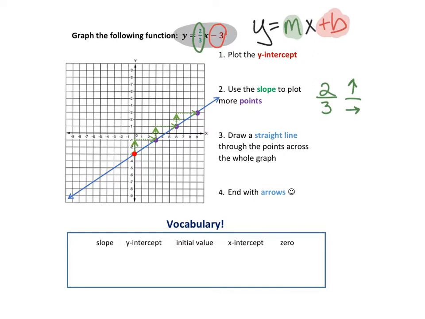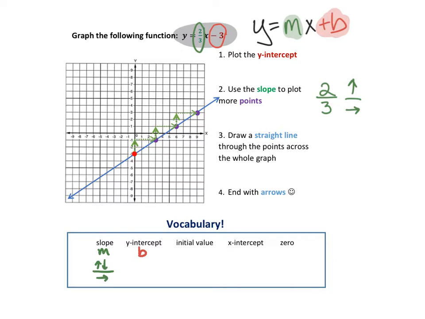But some other things we're going to go over is the vocabulary associated with this. When we're talking about the slope, we're talking about the m from y equals mx plus b. We're talking about the rise over the run. It's like the angle that the graph takes, the incline of the line. The y-intercept is the b value from my y equals mx plus b formula.